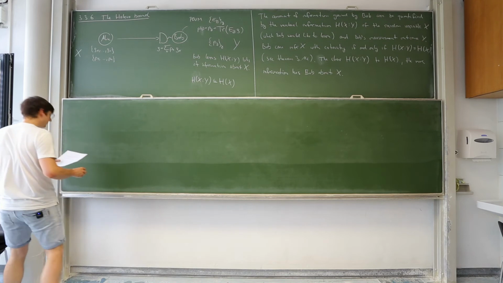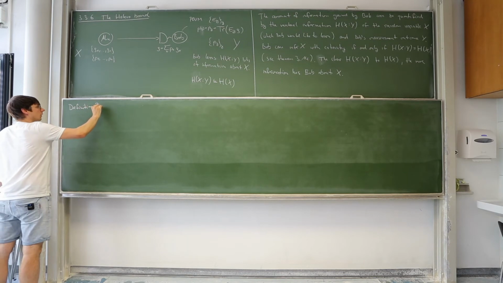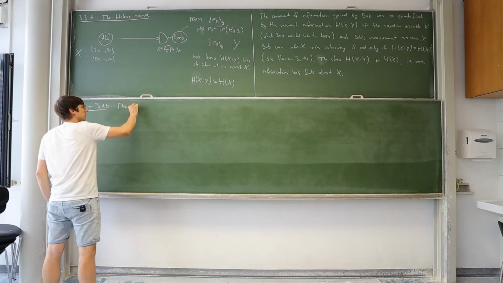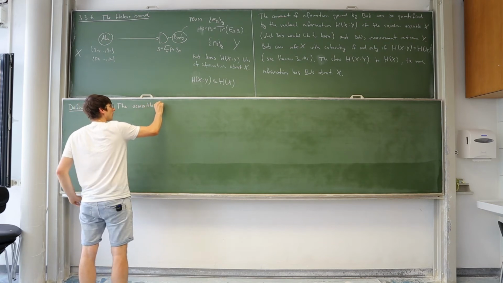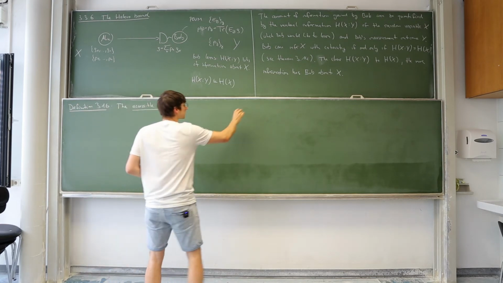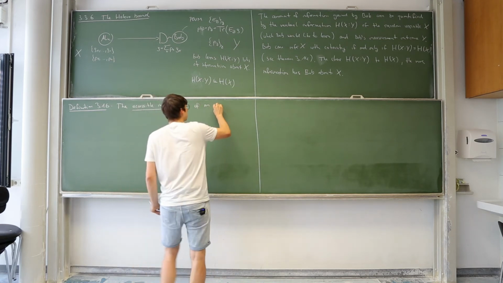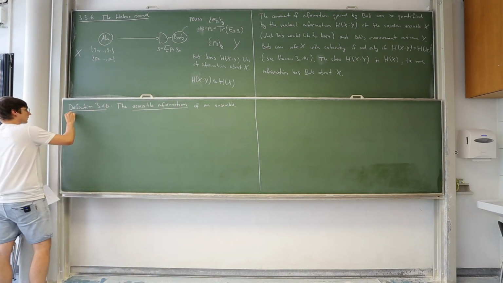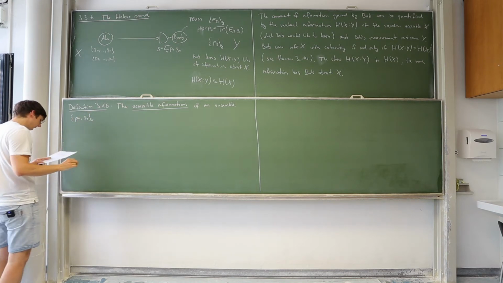So this is definition 3.16. Namely the accessible information of an ensemble given by probabilities px and states rho x.